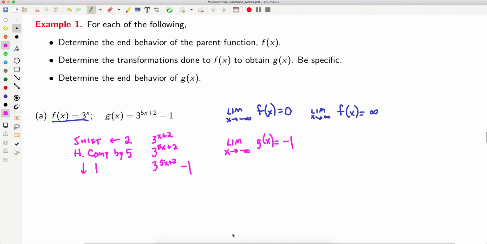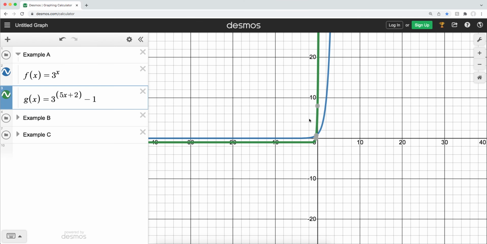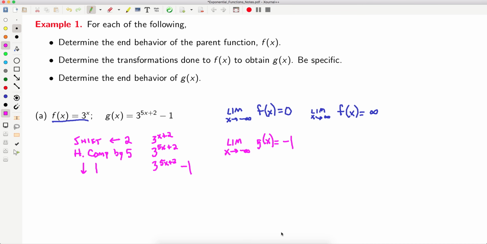If we look at the graph going to the right, all the transformations that we did are not going to change the fact that as we go further to the right, our values keep going up forever, just like they did with f of x. So the limit as x approaches infinity of g of x is infinity.